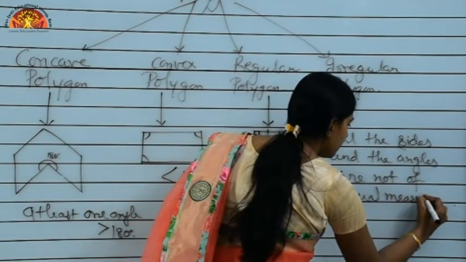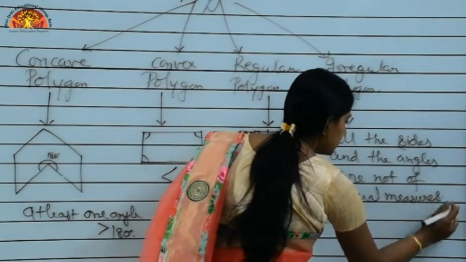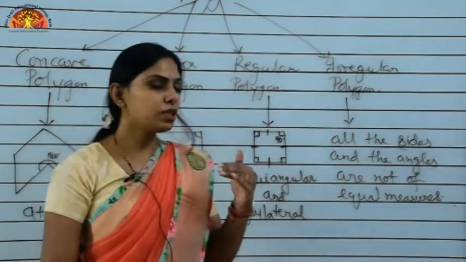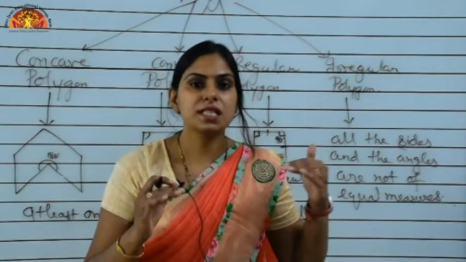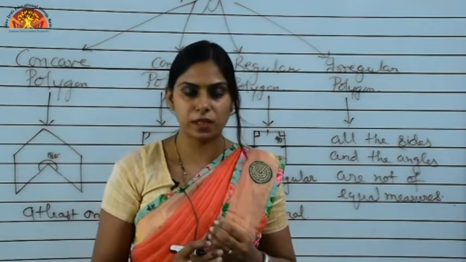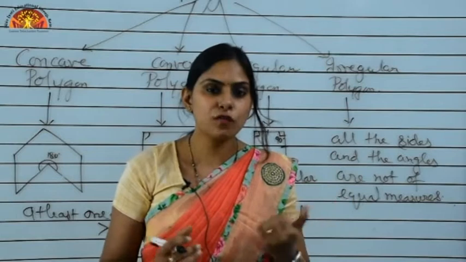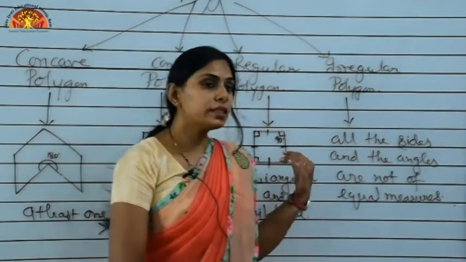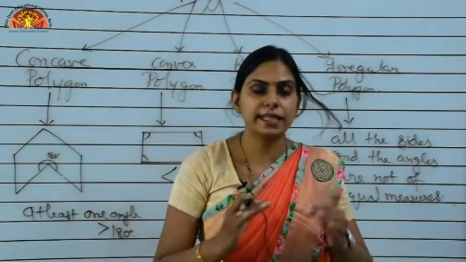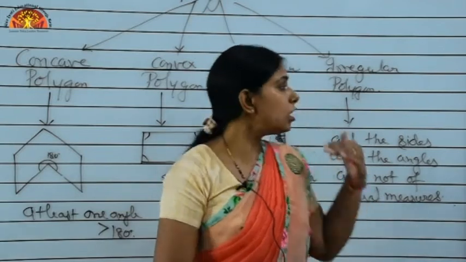Is it clear? That means in the case of an irregular polygon, they are not equiangular and not equilateral. So this is all about the polygon.